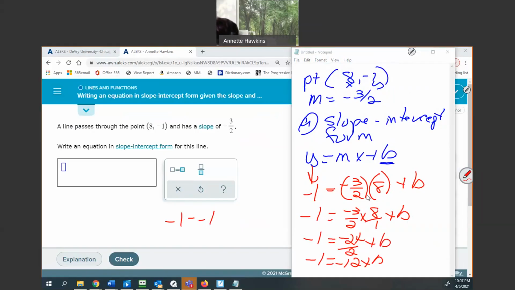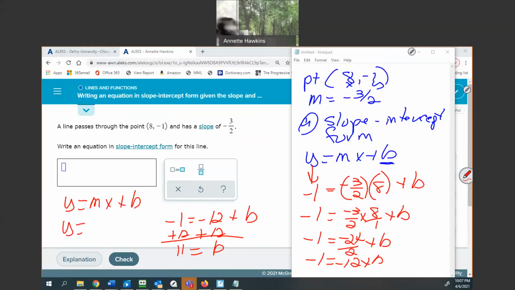-1 equals -12 plus b. Add 12 to both sides. 11 equals b. So the y-intercept is 11. So we have y equals mx plus b: y equals -3/2 x plus 11.